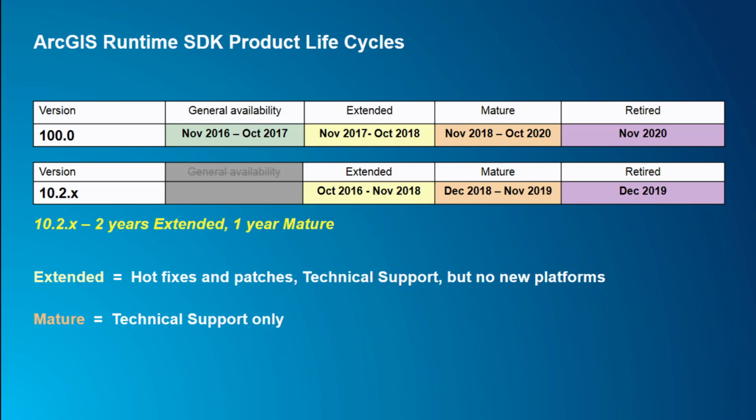The 100.0 will not start the clock all over again. Does that make sense? So 100.1, 100.2, those begin a whole new GA, extended, mature going forward. And the reason why we do that is because we're adding significant functionality at that stage. So if we add direct read of KML in the middle of that product lifecycle, they don't have support long enough. Does that make sense?